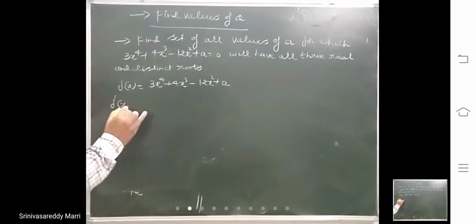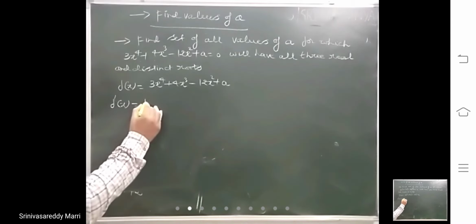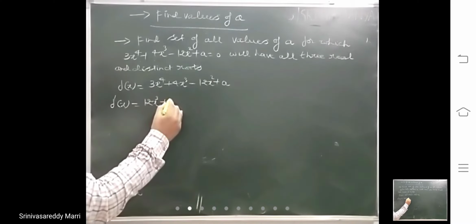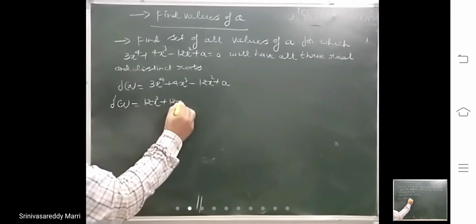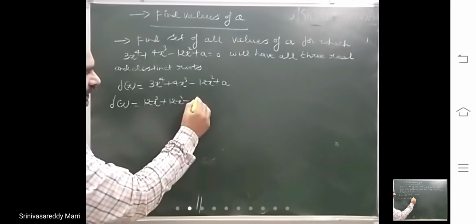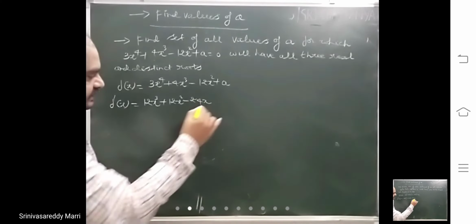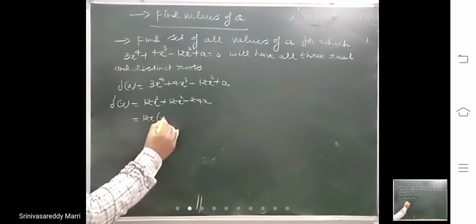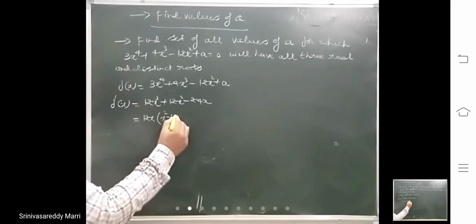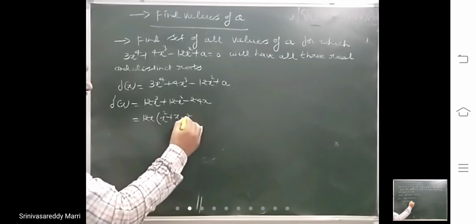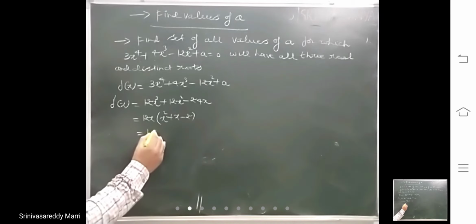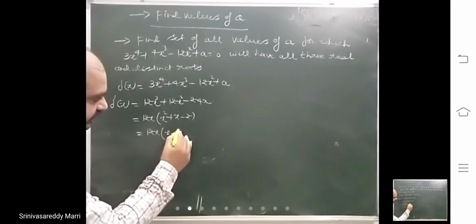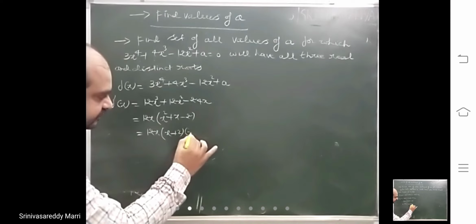F dash x, you write f dash x: 12x cube plus 12x square minus 24x. Take 12x common, x square plus x minus 2. That means you will get 12x into x plus 2 into x minus 1.